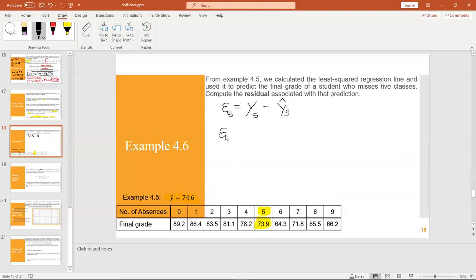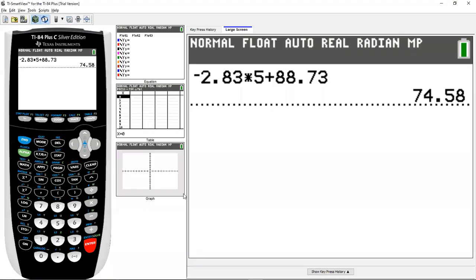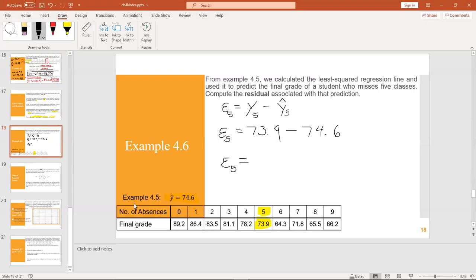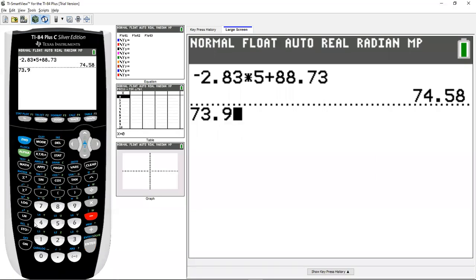So the error, or the residual, is going to be y sub 5, which is 73.9. And then we subtract what our predicted value is, which is 74.6. And then we go to our calculator and say, oh, great and powerful calculator, please bestow upon us humble mortals, as a sign of your kindness and infinite wisdom, please, oh please, calculator, will you tell us what 73.9 minus 74.6 is?